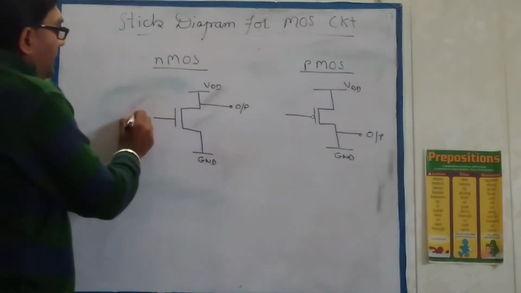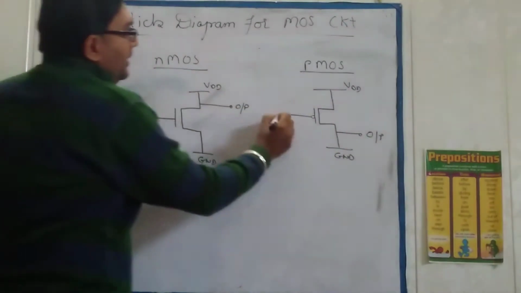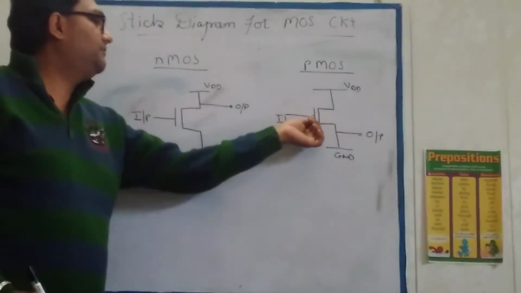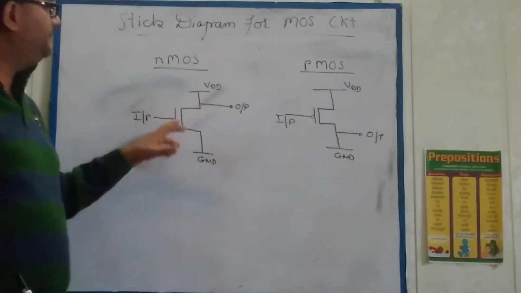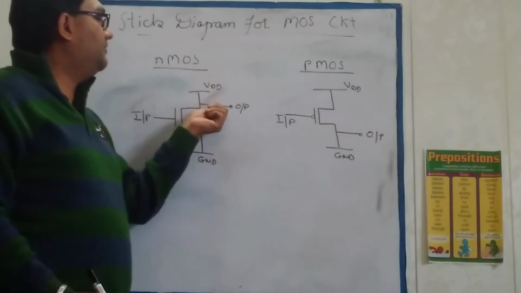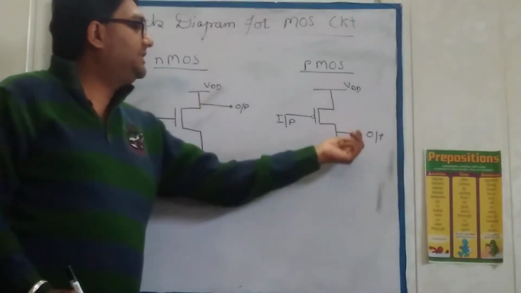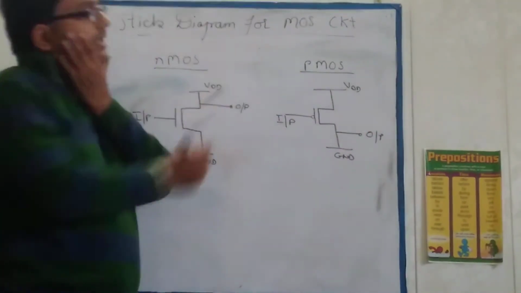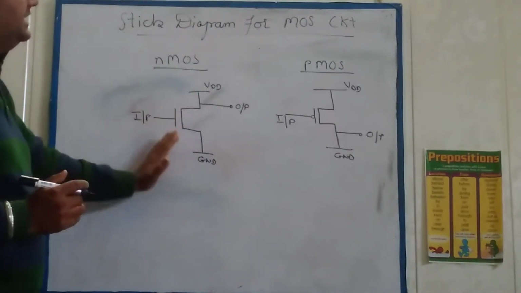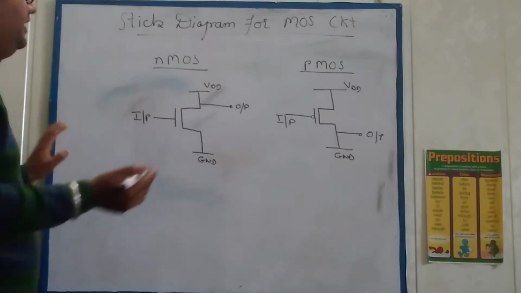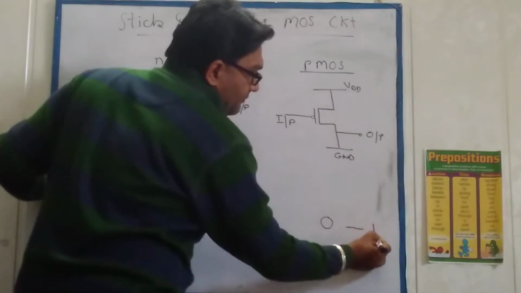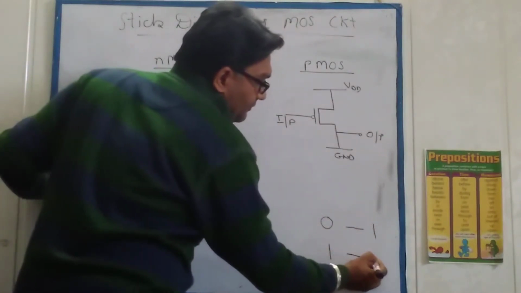The difference you observe here is the bubble that is attached to the gate, and the output in case of the NMOS inverter is taken from the VDD, and the output is taken from the ground in case of the PMOS. Right. So now let us see how it works as an inverter. For an inverter we know that if we apply 0 you will get 1, if you apply 1 you will get 0.